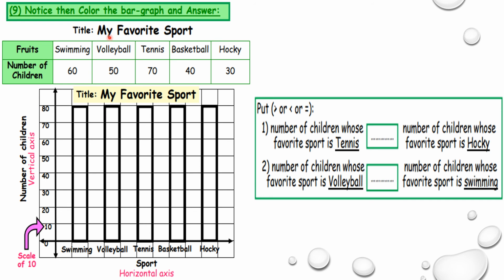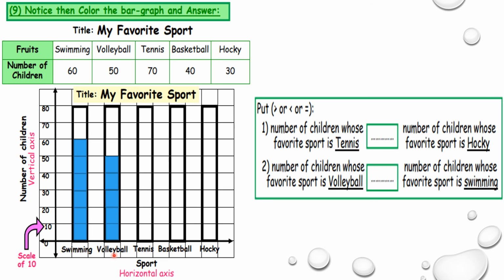The title here is my favorite sport, so I will color that number of children that like sports. First thing we have here is swimming. It's easier now, and I know that this scale is by 10, so I will color to reach number 60. The next one here is volleyball, so I will color to reach number 50.